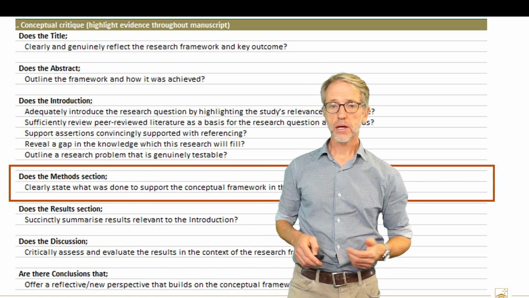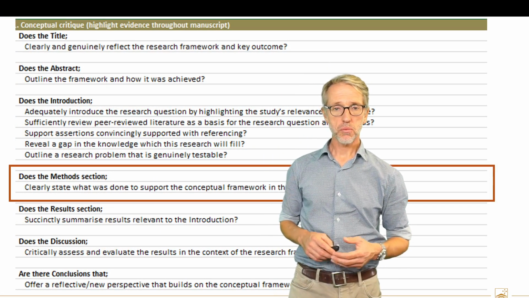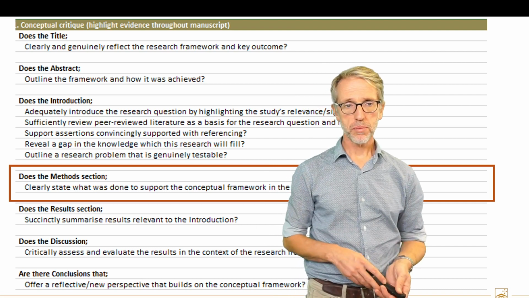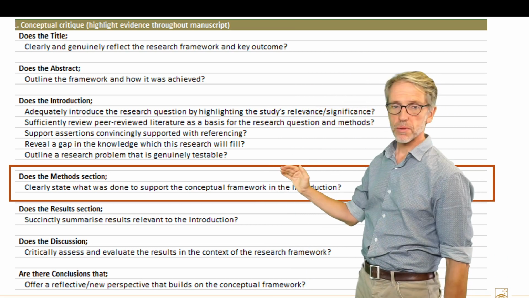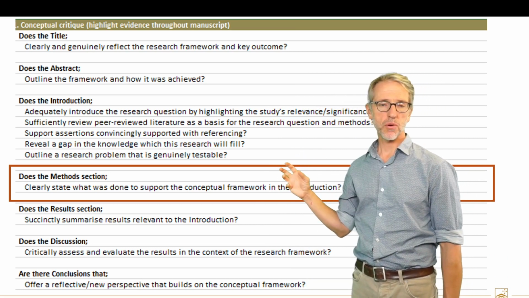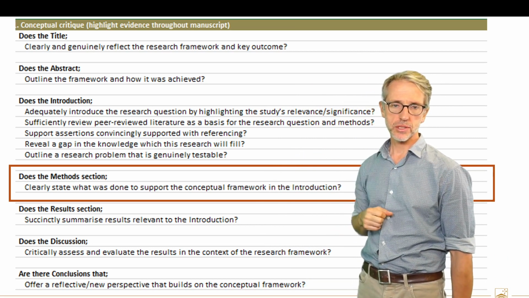Back to the rubric for your assignment then. What do you need to do? Well, remember, up to this point in time, you have thought about the framework within the introduction.